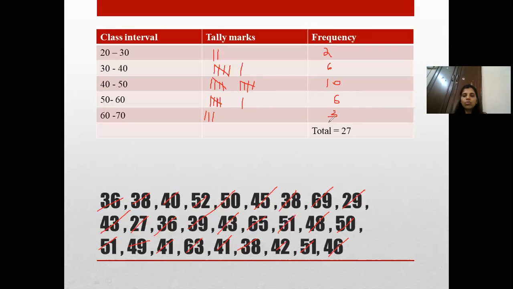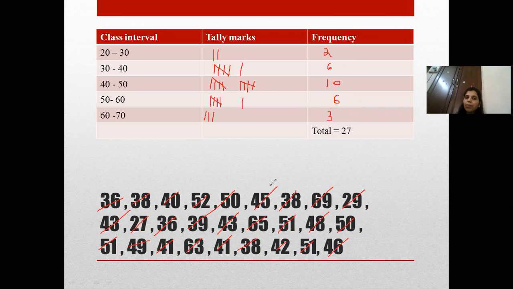Now you have to add and check, because whatever you have done, when you add the frequencies it should be the same as the total number of members given. So 6 plus 10 is 16, 16 plus 2 is 18, 18 plus 2 is 20, 24, 27. So it's coming the same. Then whatever you have done is correct.